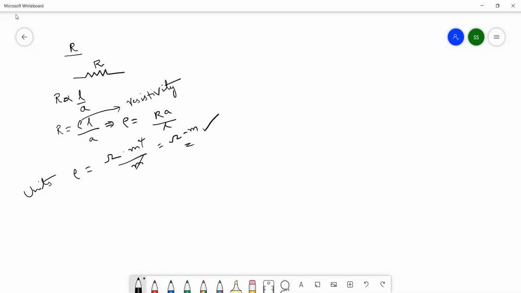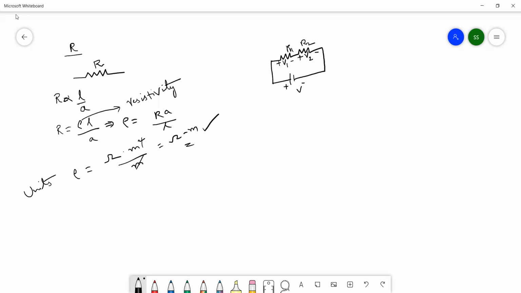Okay, good. So when two resistances are connected in series combination, let us take this is your voltage source, your R1 and R2, with voltage drops V1, V2.